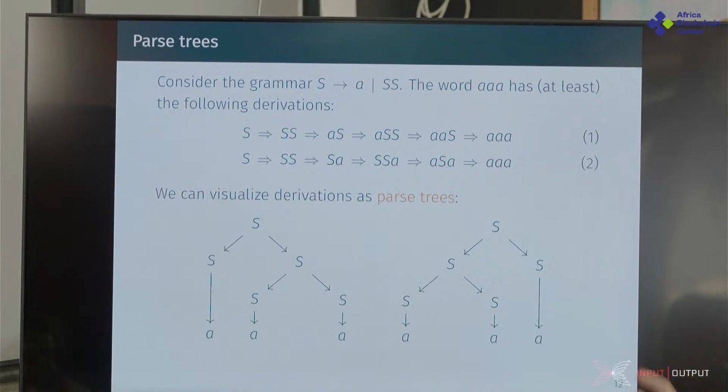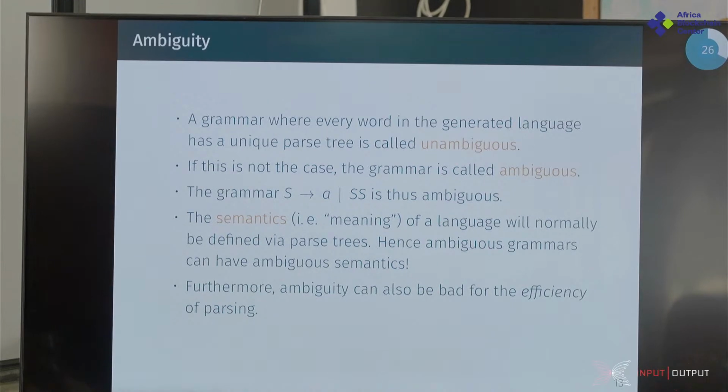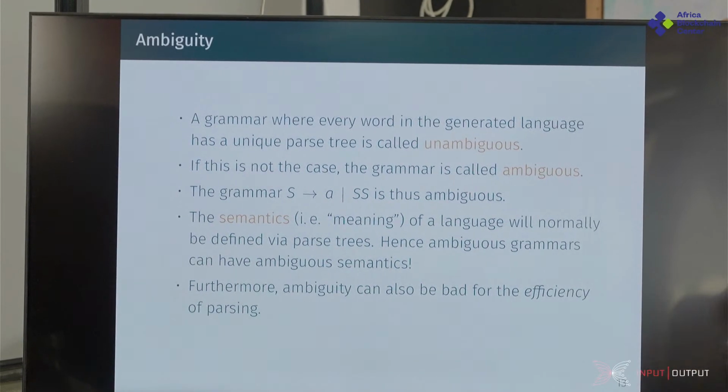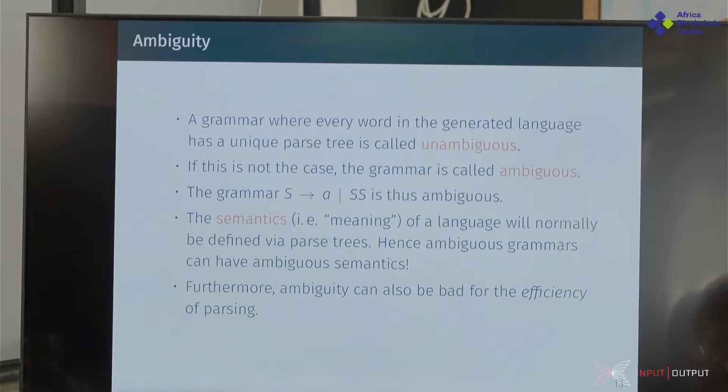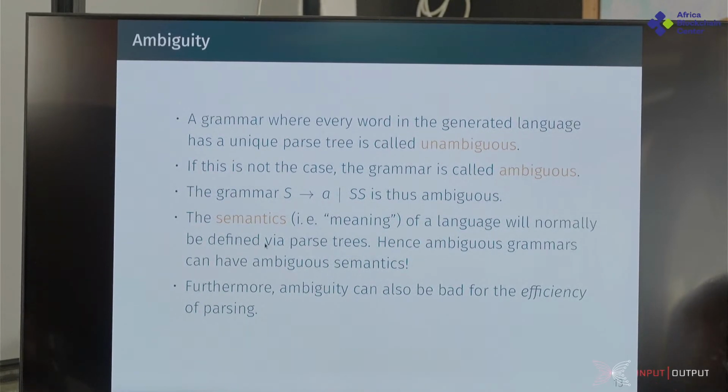And it's not unique, and this is called ambiguity. If every word in the language has only one unique parse tree, it's called unambiguous. And if that's not the case, then the grammar is called ambiguous. So this one, as we saw, is an example of an ambiguous one. The meaning of a language will often be defined via parse trees.